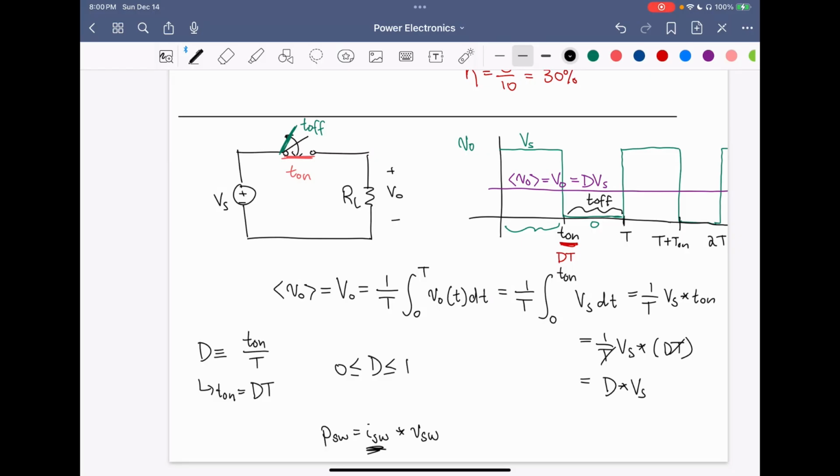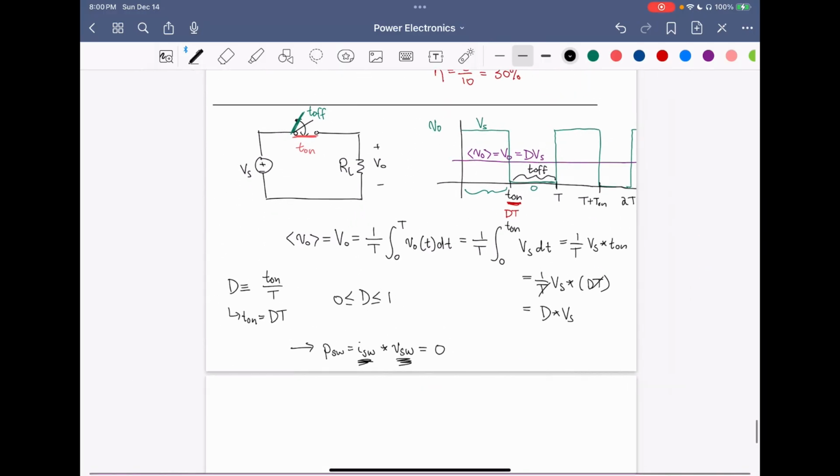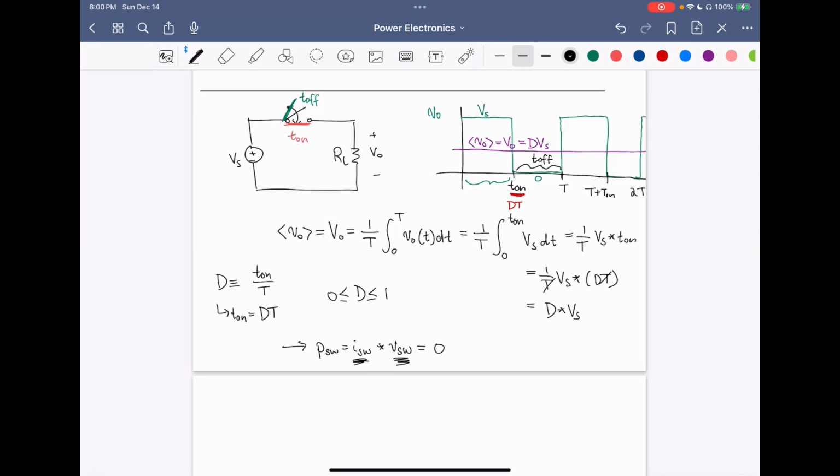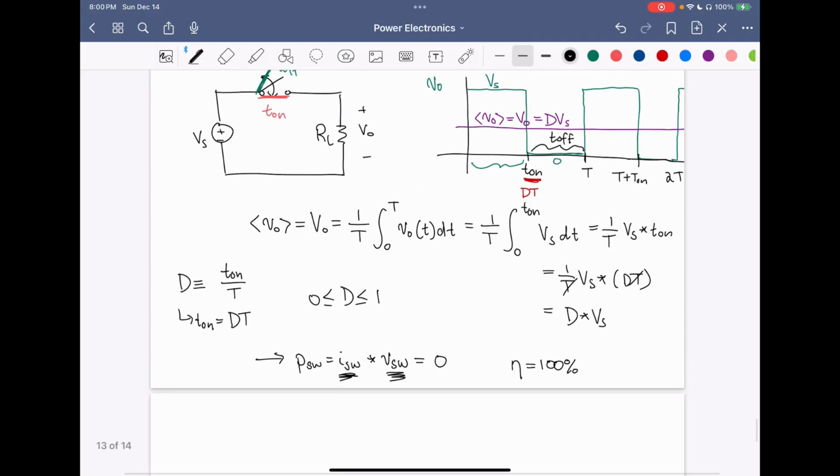One of these values, either the current through the switch or the voltage across the switch, is always 0. Therefore, the power consumed by the switch is always 0. So in this switch converter, the energy efficiency is 100%. This is because the way we're operating the switch allows no power to be consumed by the switch, and therefore we get very high efficiency.